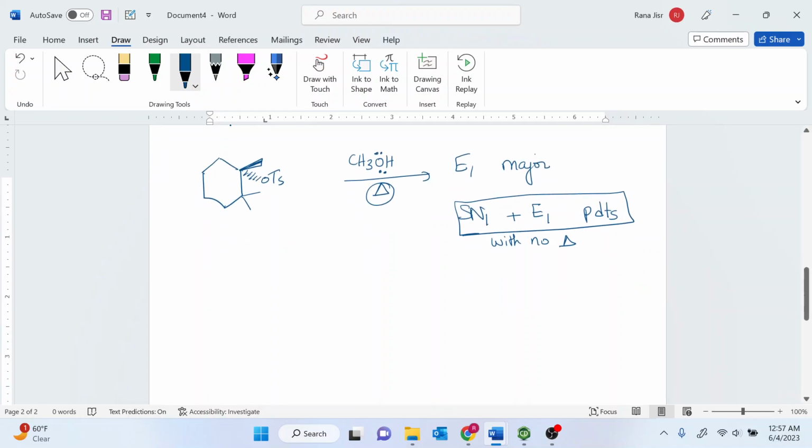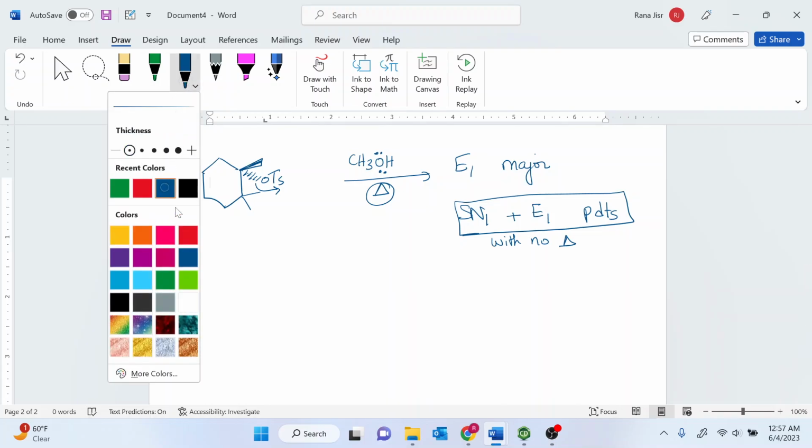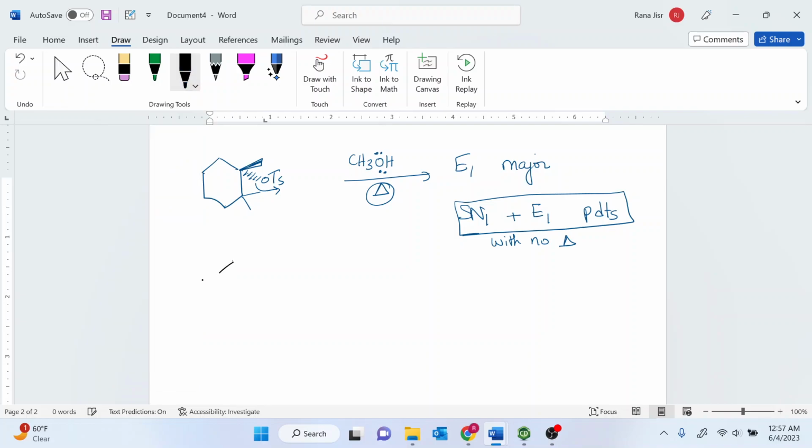Okay, let's go ahead and assume that there is no heat and do the mechanism. So the first step, the OTs is going to leave, and you are going to end up getting your carbocation in this case. Carbocation is common between SN1 and E1. Whenever you form a carbocation, you don't need to show any stereochemistry now for the CH3.